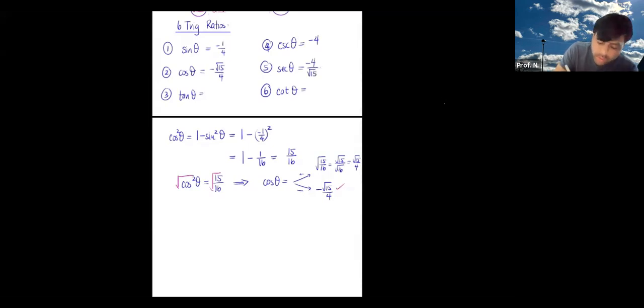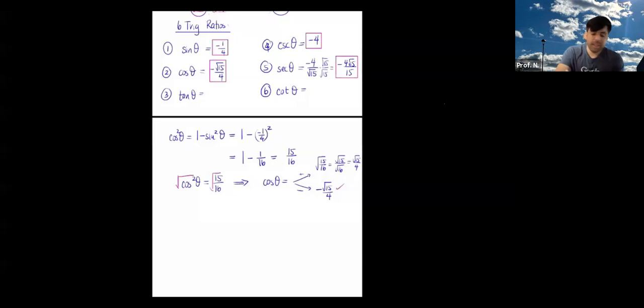If you multiply up and down by rad 15 to rationalize the denominator, it's negative 4 rad 15 over 15. So these are the values of my trig ratios so far.